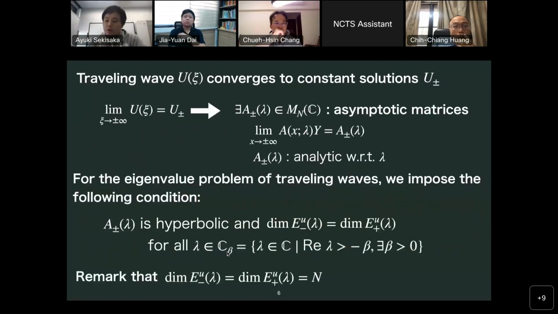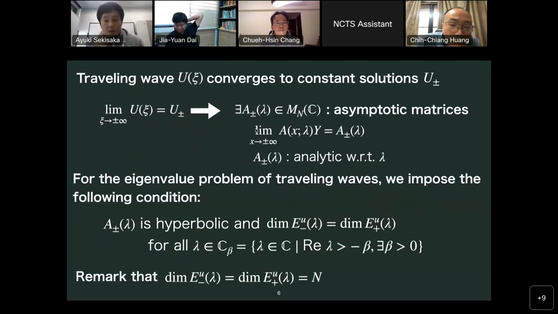Usually the traveling wave is considered to converge to stationary constant solutions at infinity. Therefore the traveling waves converge to the constant solutions u plus and u minus as the coordinate tends to plus infinity and minus infinity.